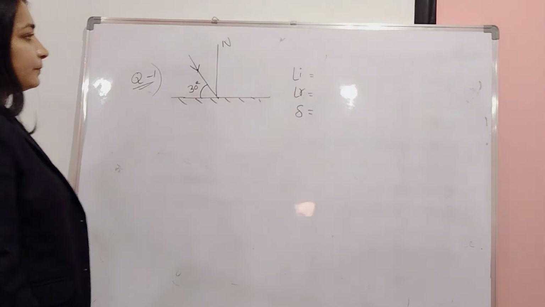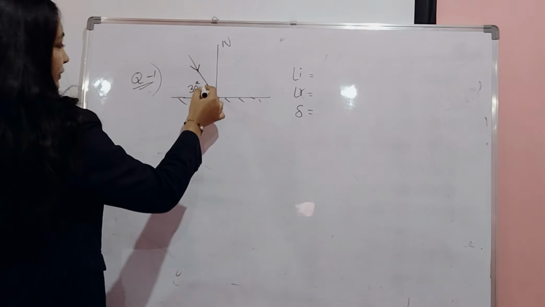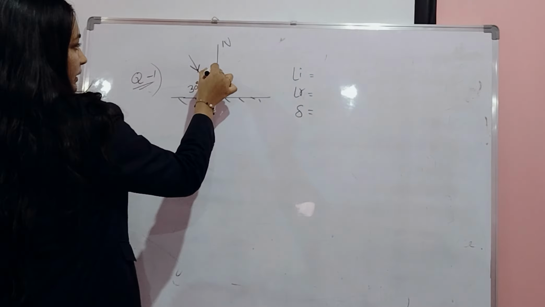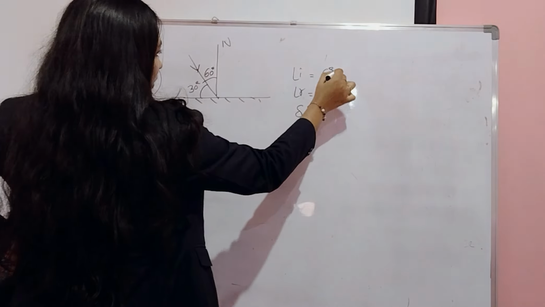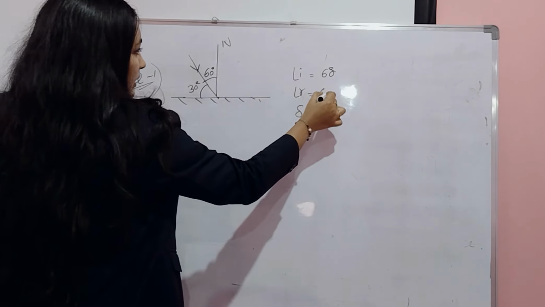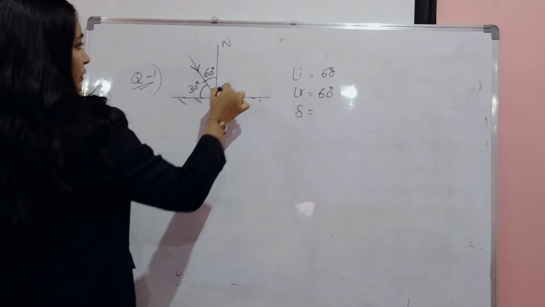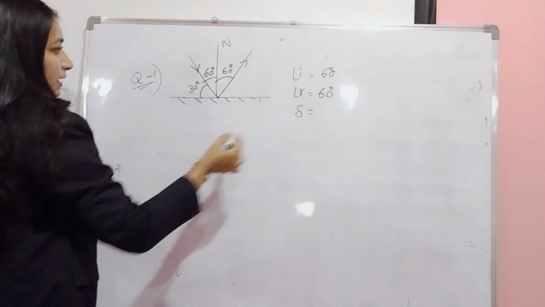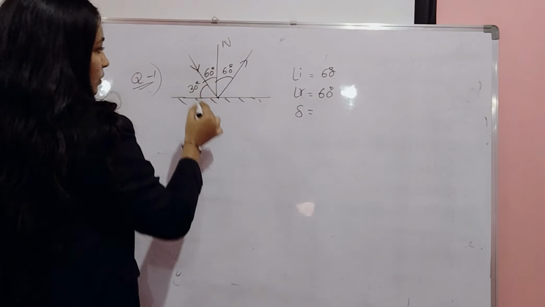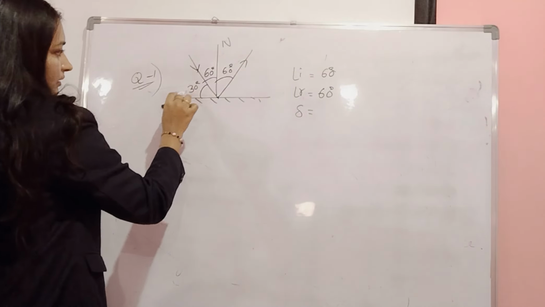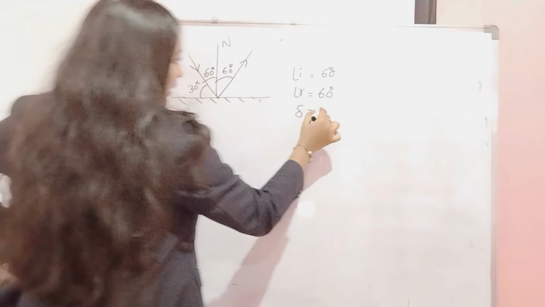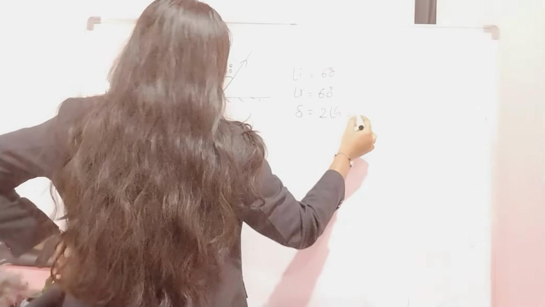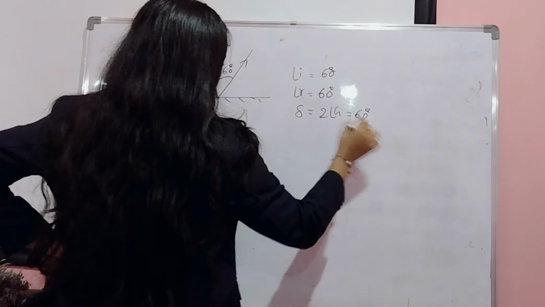What's the answer? So here see, if it is 30, it will be 60, right? So angle I is 60. If angle I is 60, angle R is also 60. So the reflected ray is making 60 degrees with the normal. Then delta will be, so what is the glancing angle here? Glancing angle 30. Then there are two glancing angles, right? So 2 into 30, 60 degrees.